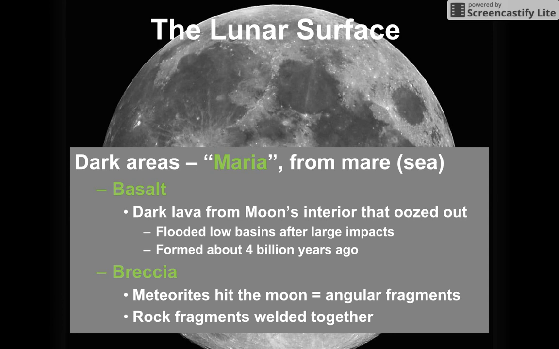Dark lava from the moon's interior oozed out when large impacts cracked the surface, causing the lava to flood the low basins. These formed about 4 billion years ago. And there's breccia on the surface of the moon. Every time meteorites hit the moon, it broke the rock surface up into angular fragments, and these fragments were welded together due to the heat of the impact.